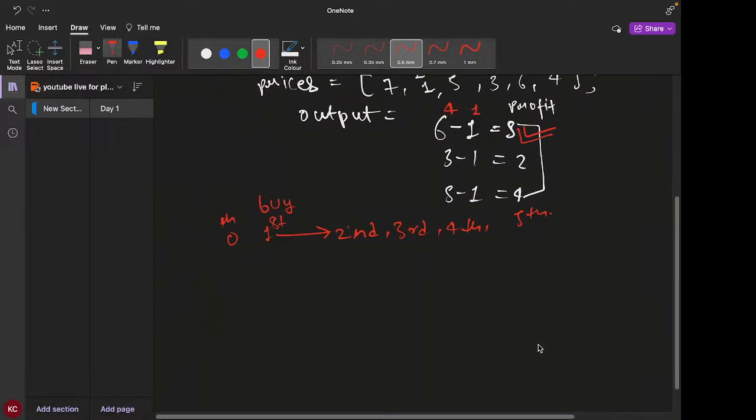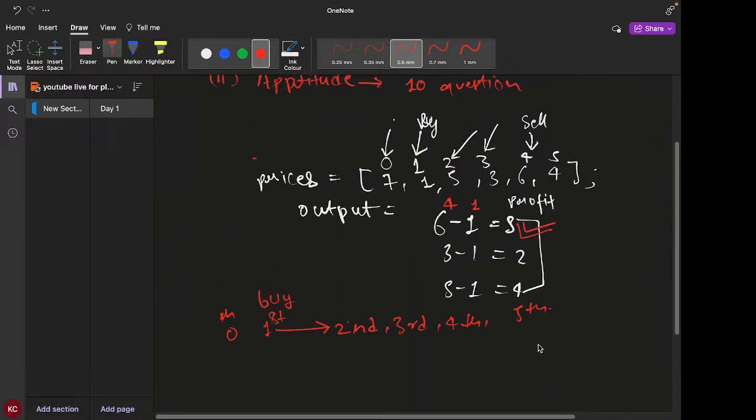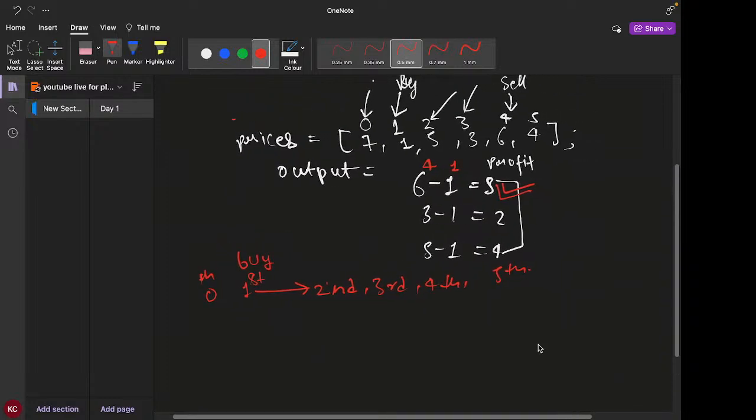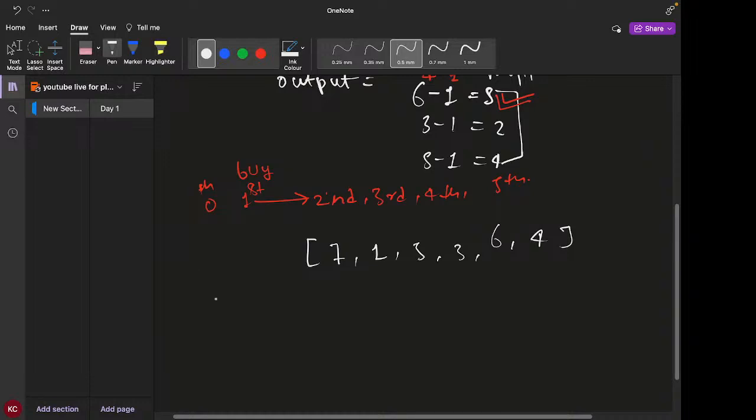If I maintain the minimum, the minimum price to buy a product, let's say 7 0 1 5 3 6 4, if I took two variables, min day, I assign it to 0, and max day is also not 0.